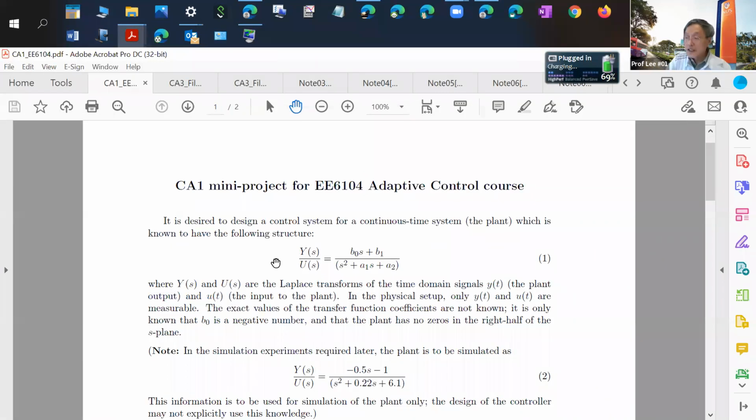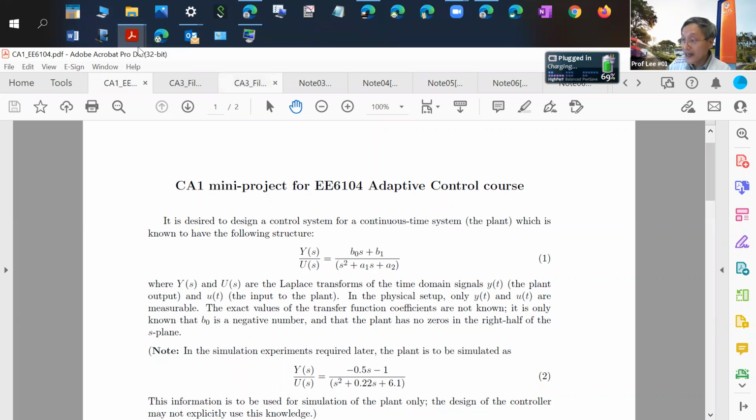So CA1, although it's called CA1, actually, as you already saw, this is adaptive control with only input-output measurable. So in some sense, the theory behind this is more difficult. But never mind, let's call it CA1.